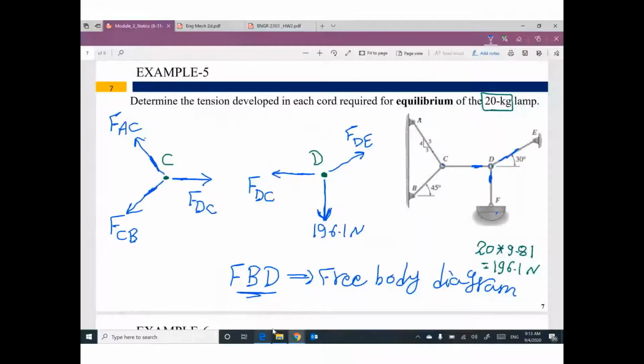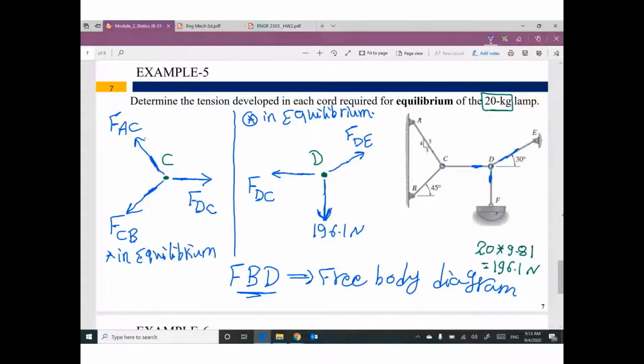Okay. These 3 forces are in equilibrium. So we have a problem. These 3 forces are in equilibrium. So we have another problem.